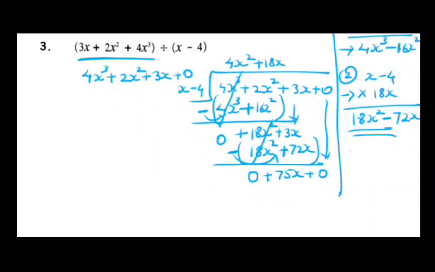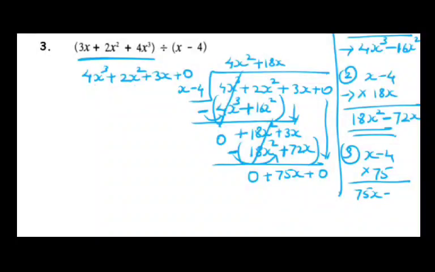What happens next? Third step, x minus 4 into 75. Just 75, children, because the degree of x is 1. 75 into x makes it 75x.